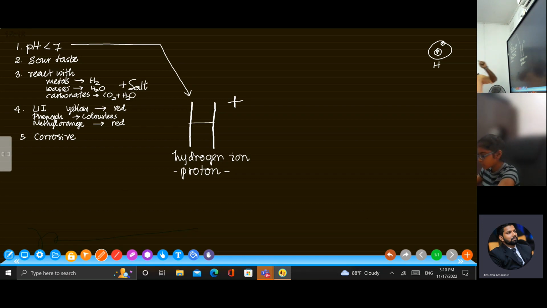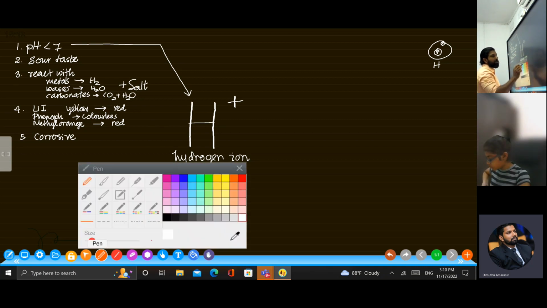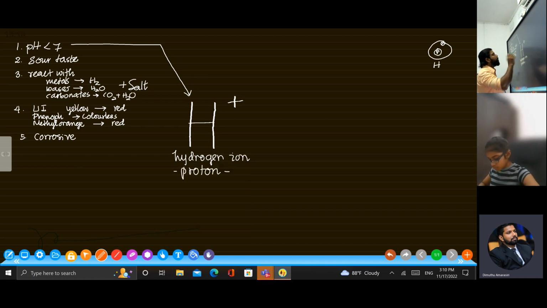This H plus ion is the one giving all these properties for acids. That's why I drew this in the middle as the biggest, because this small tiny H plus ion plays the most important role in the acid properties. Is that clear?